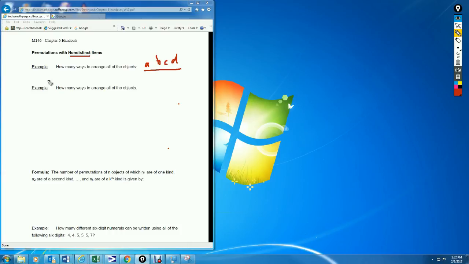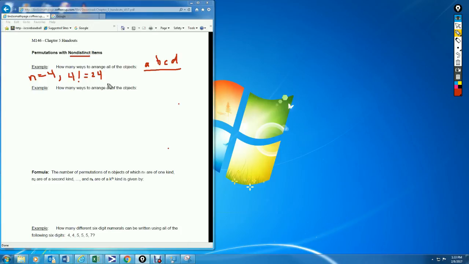Well, in this case, n equals 4, there's 4 different objects, and we just went over the special permutation rule, how many ways to arrange 4 different objects would be 4 factorial, which is 4 times 3 times 2 times 1, which is 24. Okay. So that is the case where all the items are distinct.